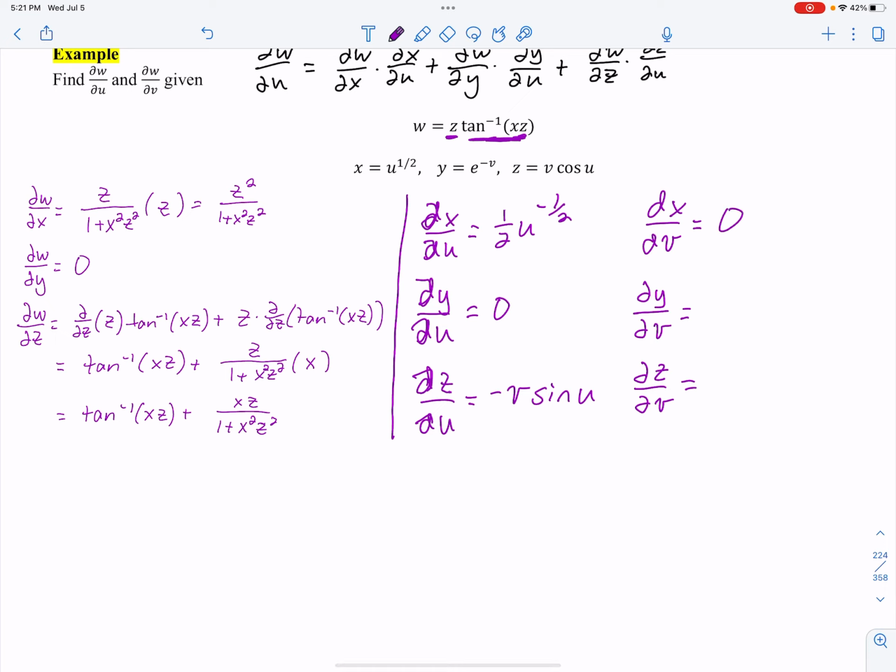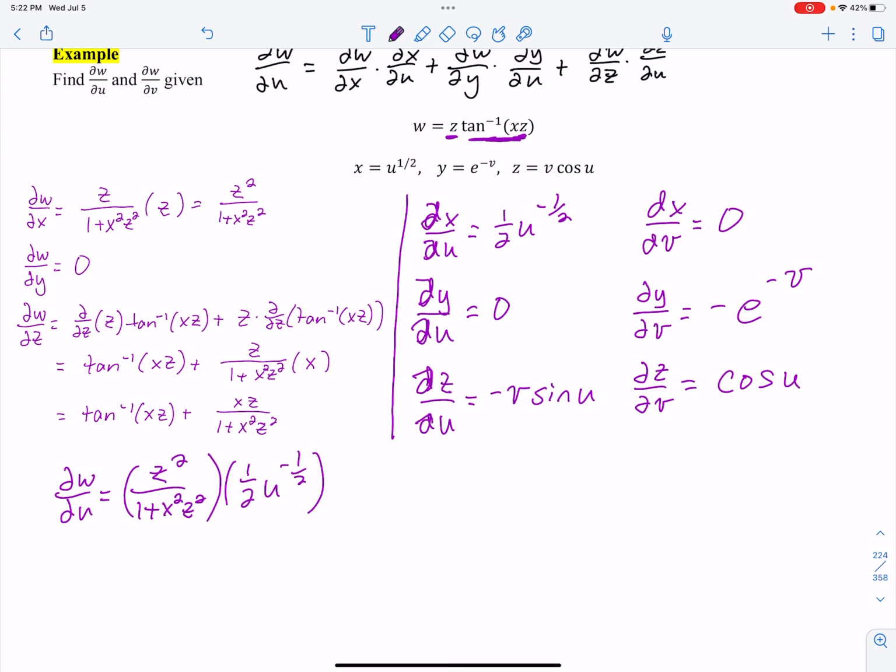X with respect to v is 0. Y with respect to v is negative e to the negative v. And then z with respect to v is just cosine u. So dw du is just going to be z squared over 1 plus x squared z squared times 1/2 u to the negative 1/2.